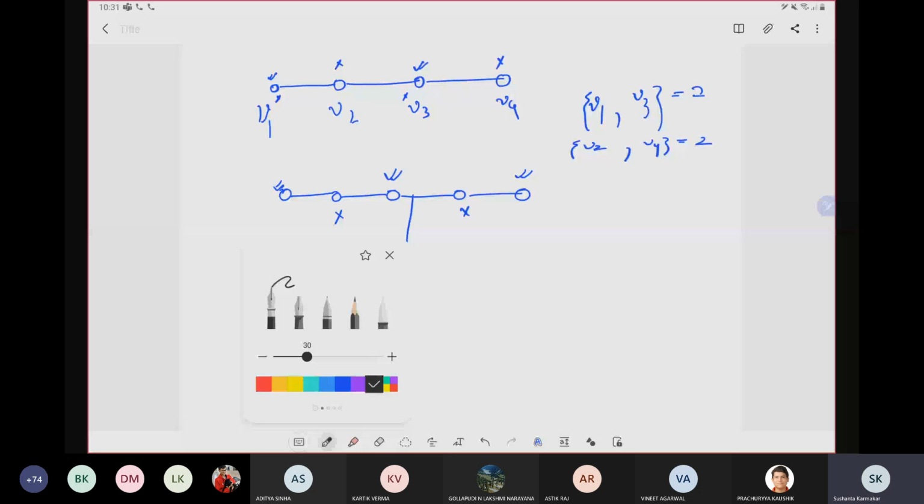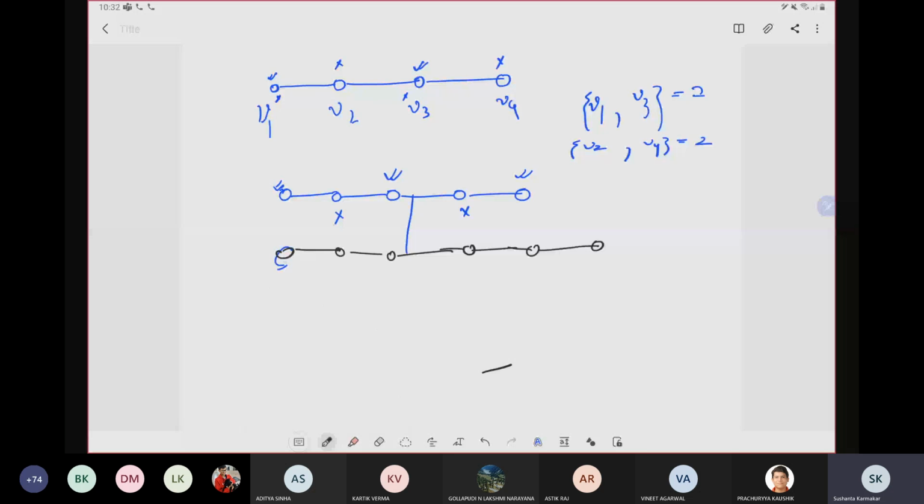You take alternate elements either starting from the first place or starting from the second place. Either you take this one, then this one, or you take this one and this one. Both are of the same size. So depending on whether the number of elements in the chain is even or odd, you can choose the algorithm. That's fine.